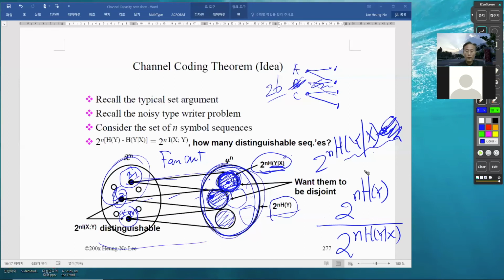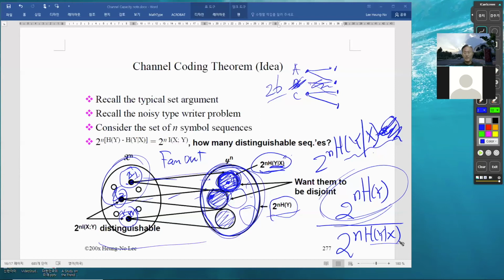So, total volume divided by the volume of the smaller ball, that is, the size of the typical set of the output space divided by the size of the typical set for the conditional.